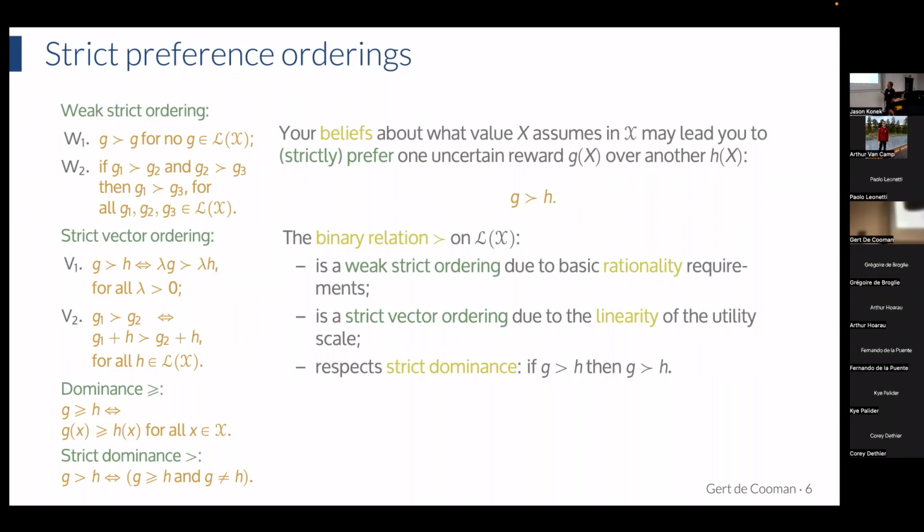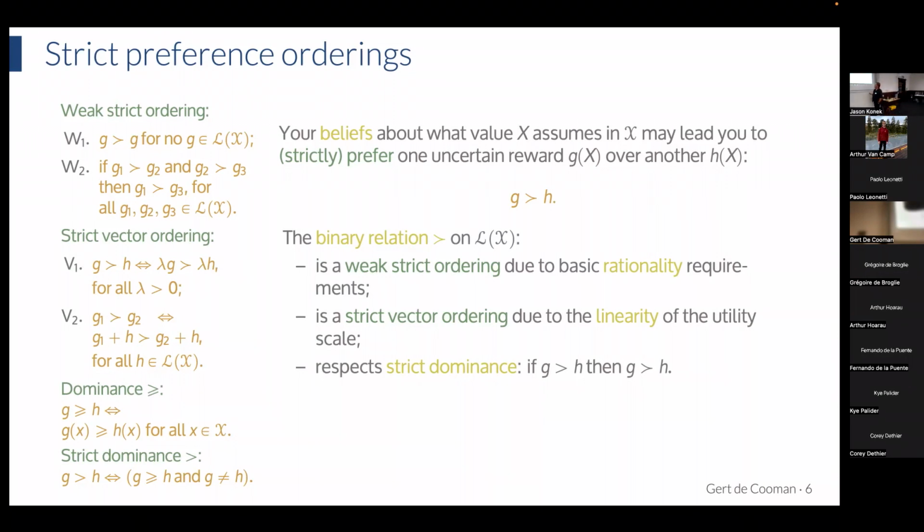Then another, we're going to assume that it's a strict vector ordering, and this is related to the linearity of the utility scale. Strict vector ordering means, if G1 is greater than G2, then if I add the same vector or the same gamble to both sides, the ordering is preserved.